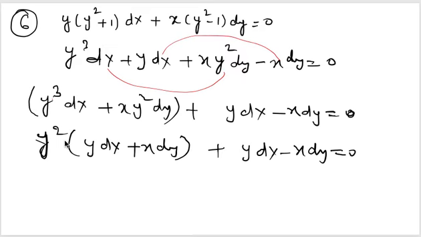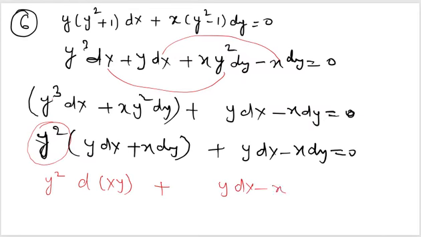We got the expression where y square is not needed here. Why? Because y square is here, and you can write this as d of the product, and here you have y dx minus x dy equals 0. I can't write the d form here. I can't integrate y square with respect to xy. So this element needs to be removed from here, and this can work on the other side.